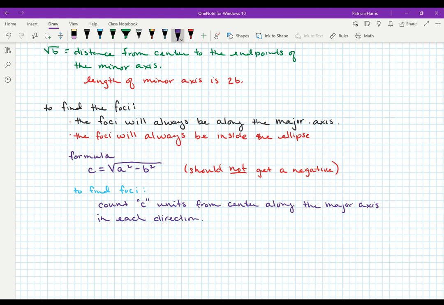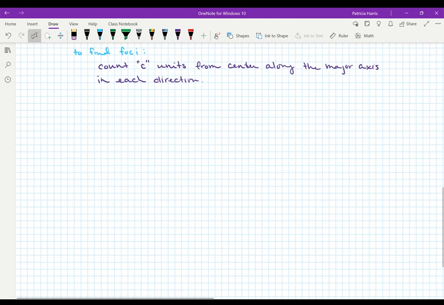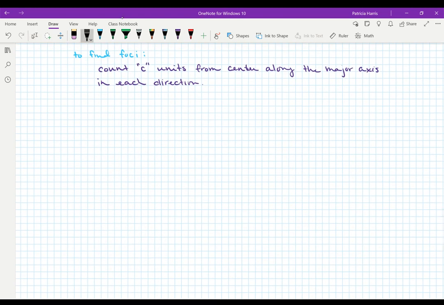Okay, so we're just going to jump in and try one. I'll try to make it nice. So first example, we're going to go from equation to graph.